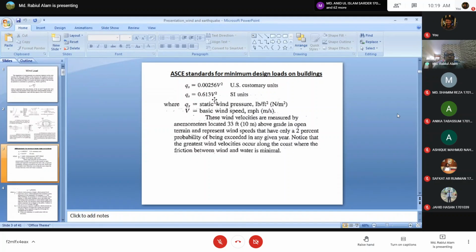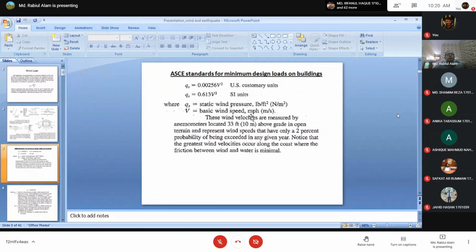In this case, the coefficient will be 0.613. And whenever you put V in miles per hour, the coefficient will be 0.00256, and your static pressure unit will be pounds per feet square.